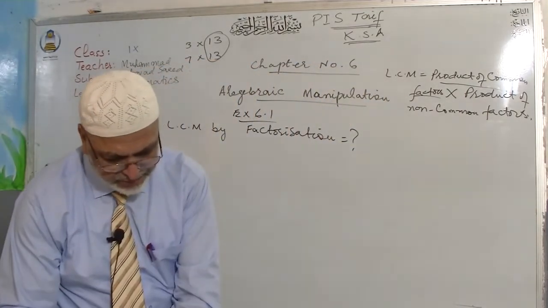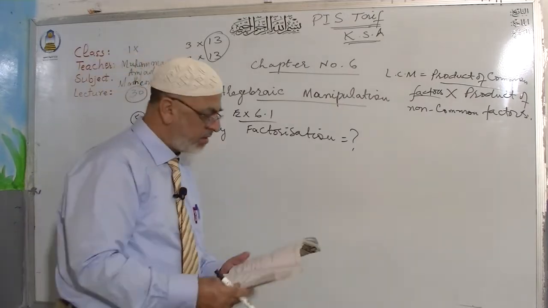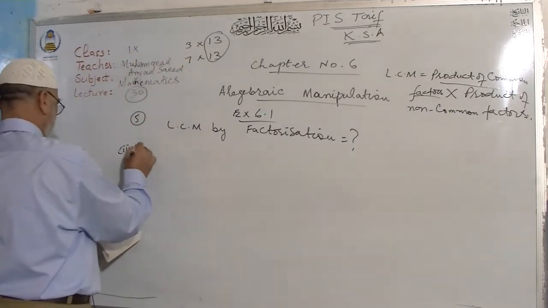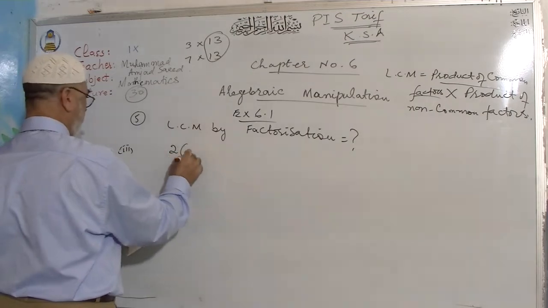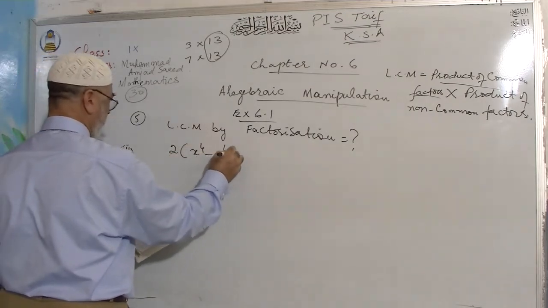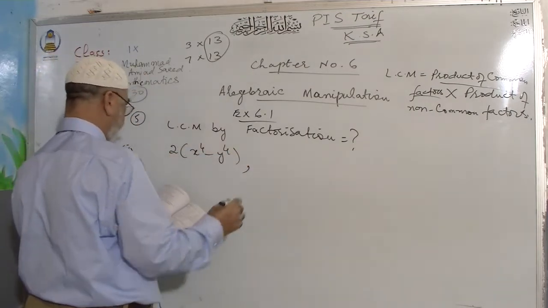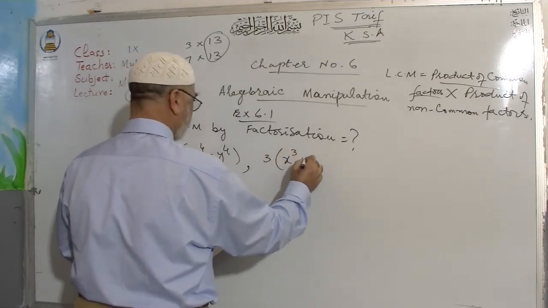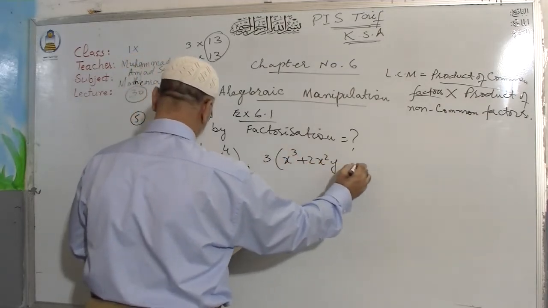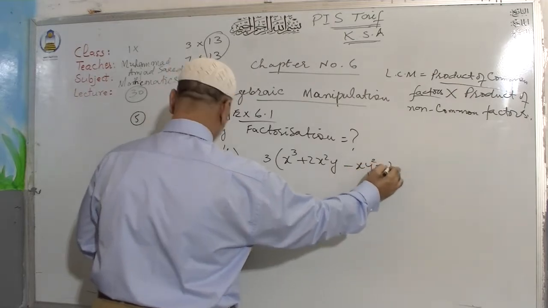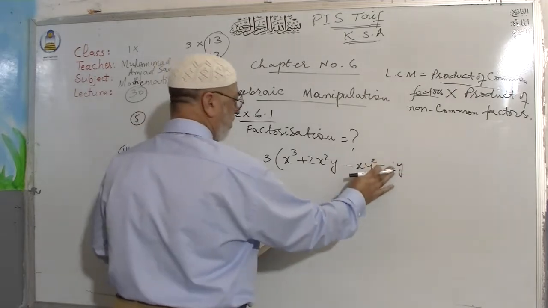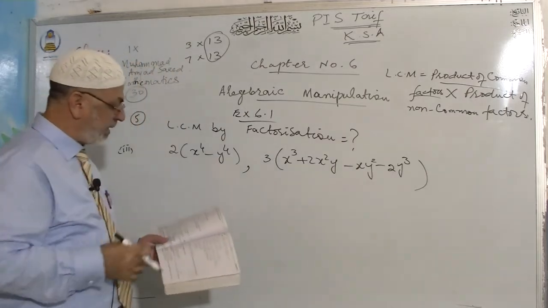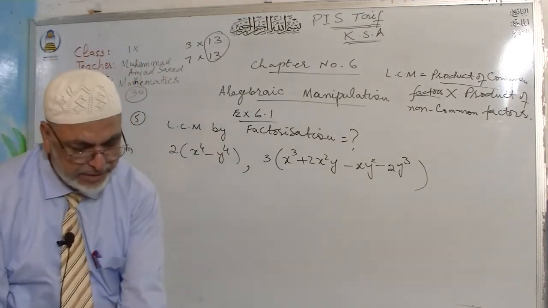Dear students, we have question number 5, part number 3. It is given 2 into x to the power 4 minus 5 y to the power 4, 3 into x cube plus 2x square y minus xy square minus xy minus 2y cube. You have to find the LCM by factorization.